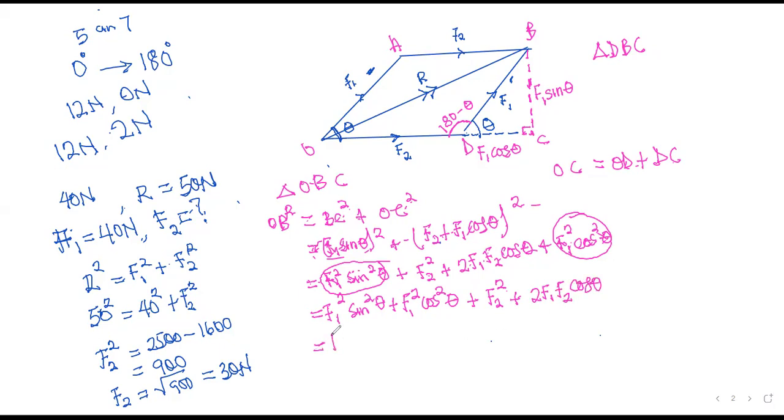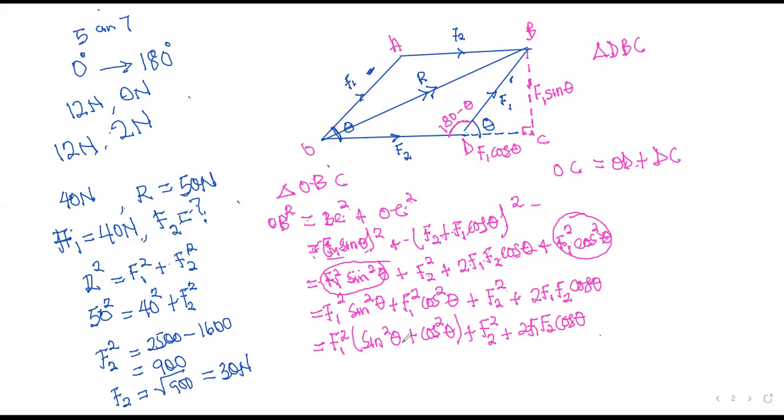We factorize out F1 squared, and we have sine squared theta plus cos squared theta, plus F2 squared plus 2 F1 F2 cos theta.